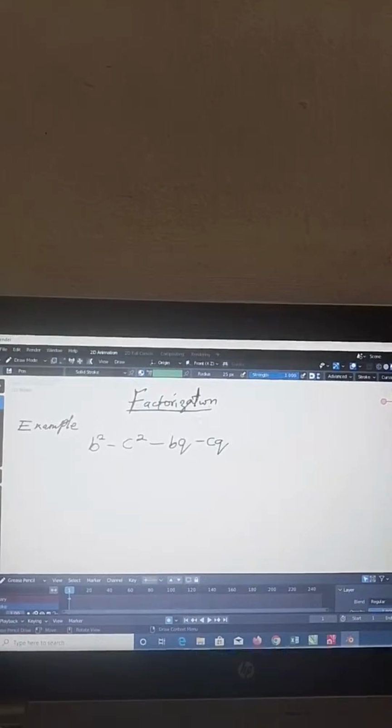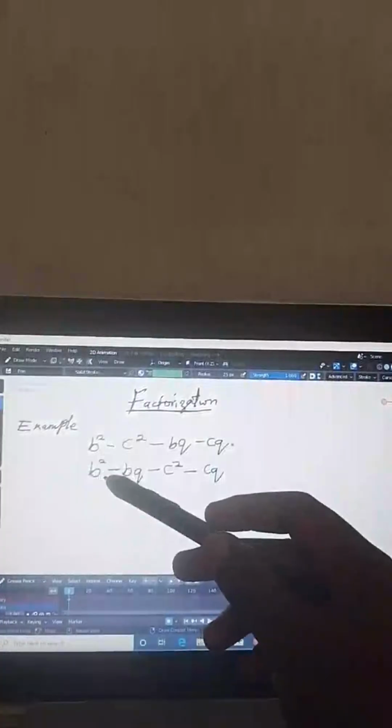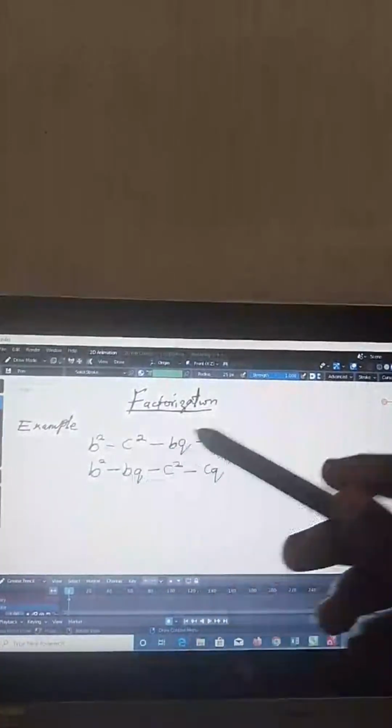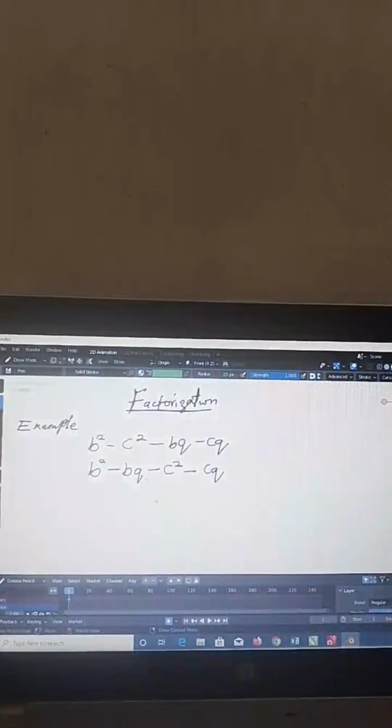Like terms. When you collect like terms, you have b square minus b cube minus c square minus c cube. So that's the first step you need to do. Now if you check the first two entities, you discover that they are similar. So what you do is to factorize the two of them. What is common?